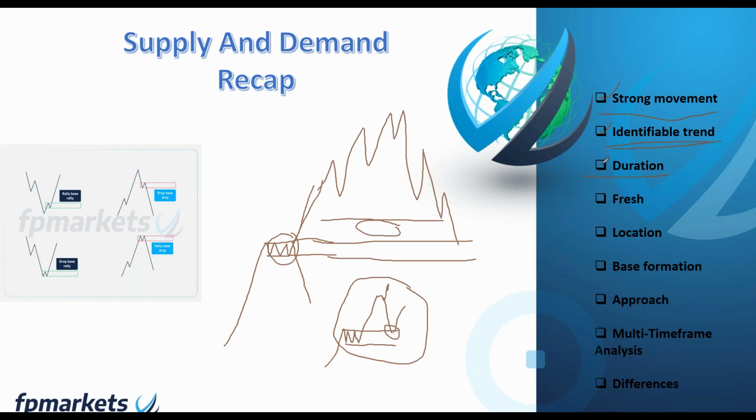Right, next point, fresh. There are a number of definitions on the internet regarding zones of freshness. How I determine whether a zone is fresh or not is I look at if it's a reaction to something.